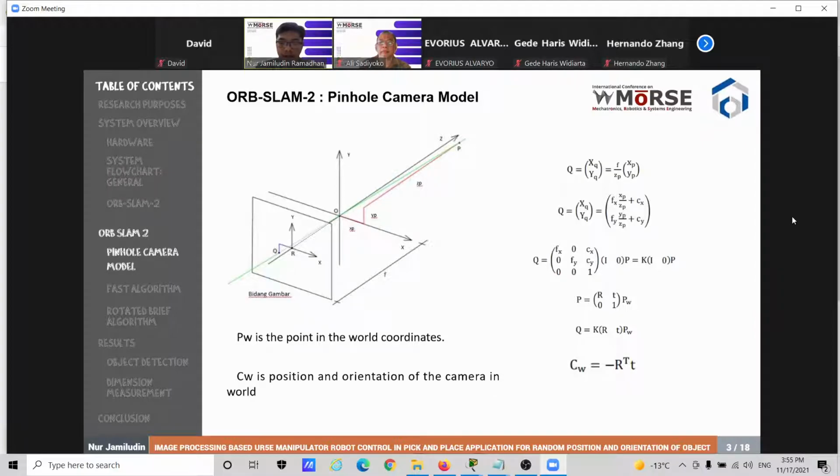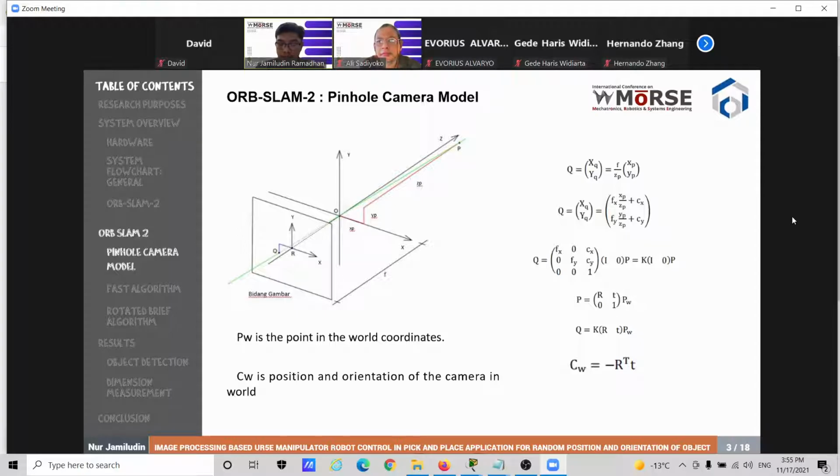In order to project the coordinates of the 3D world onto the drawing plane, we use the pinhole camera model. The image is placed at distance f from O, where f is the focal length of the camera. Then it considers the point P, XP, YP, and ZP in this coordinate system.